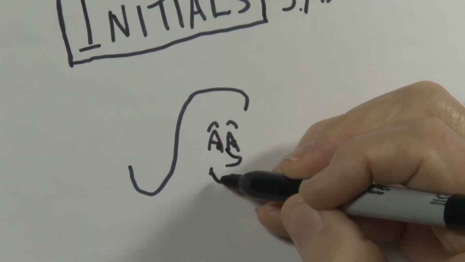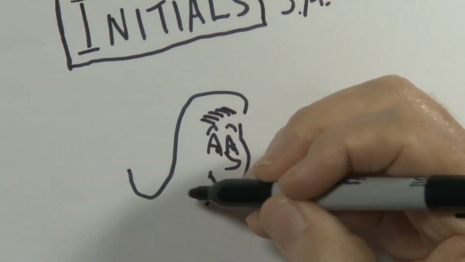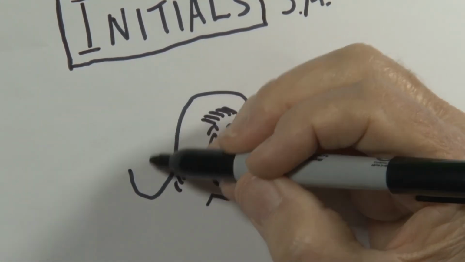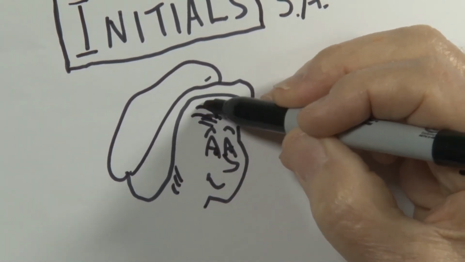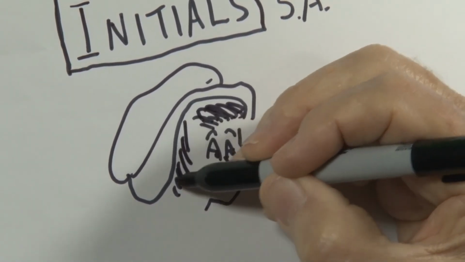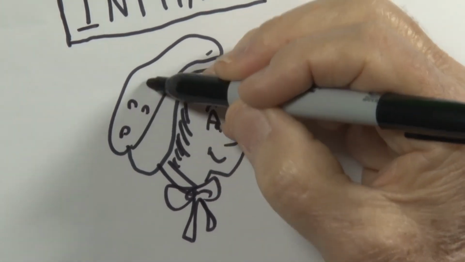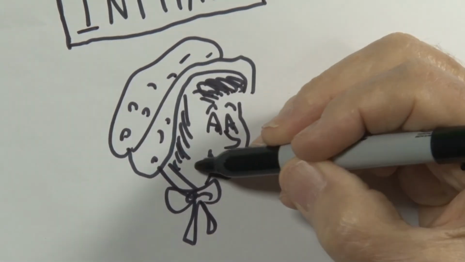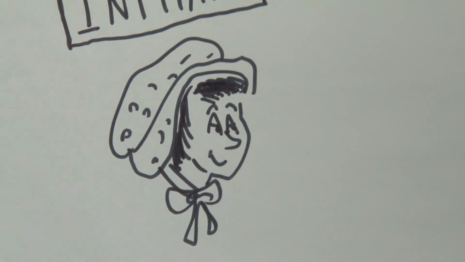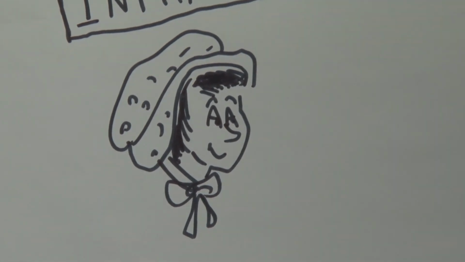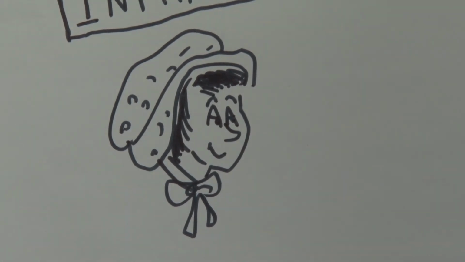And then I'll finish the face a little bit. And what I have planned to do here is to make an old-fashioned bonnet that ladies used to wear a long time ago. So there we have S.A. transformed into a lady with an apparently oversized bonnet.